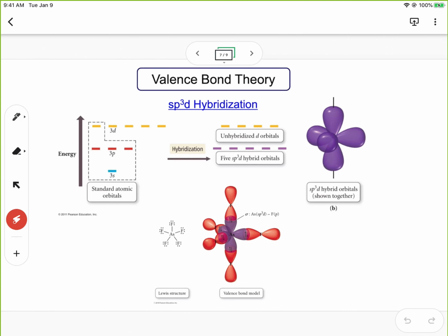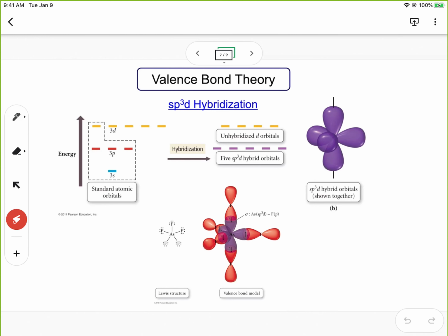Well, if you have only the 3s and 3p orbitals to form hybrid orbitals, then at maximum you would have just 4 orbitals, right? And at maximum just 8 electrons. Okay, so apparently that's not going to work for arsenic because it can accommodate 10 electrons.